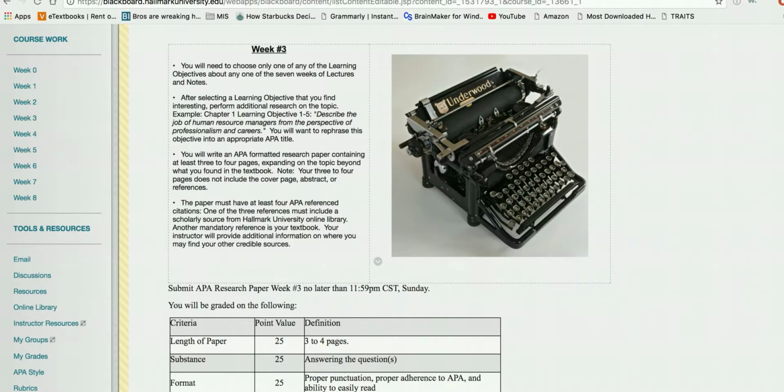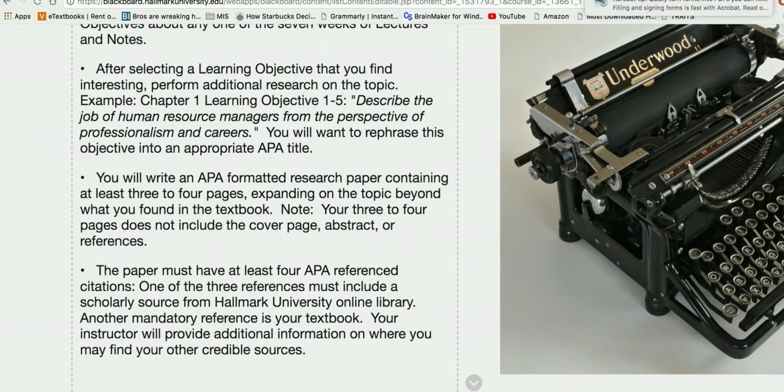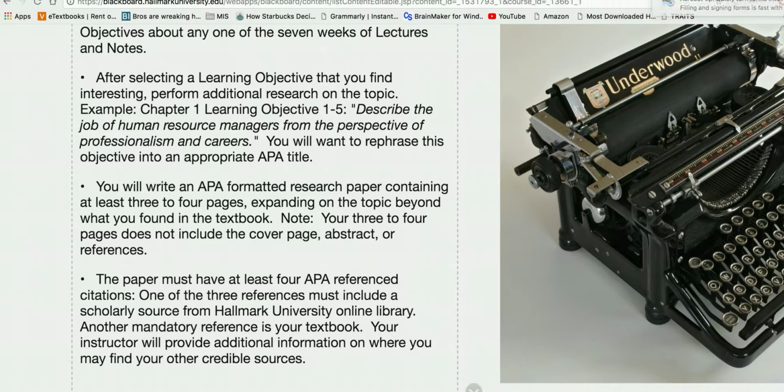So an example in chapter 1, one of the learning objectives, 1.5, is describe the job of human resource managers from the perspective of professionalism and careers. That would be one. So you will want to rephrase that objective into an appropriate title. Your paper title is not going to be "describe whatever."